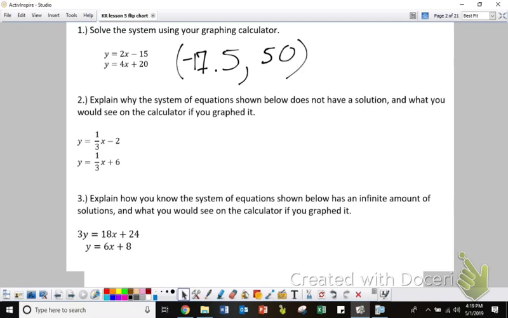Okay. Explain why the system of equations shown below does not have a solution and what you would see on the calculator if you graphed it. So if you do graph that, you're more than welcome to. I want you to tell me what you would see.